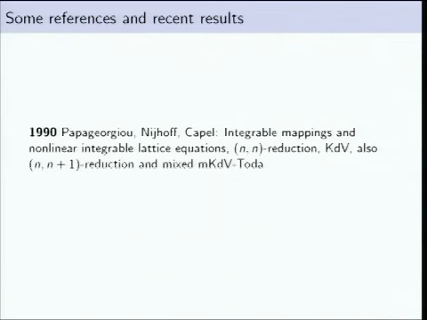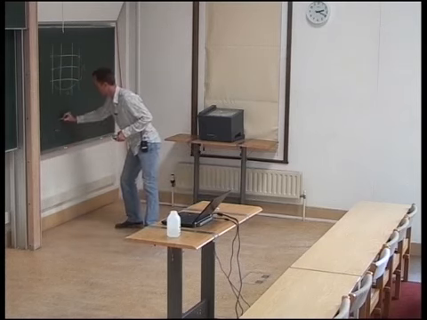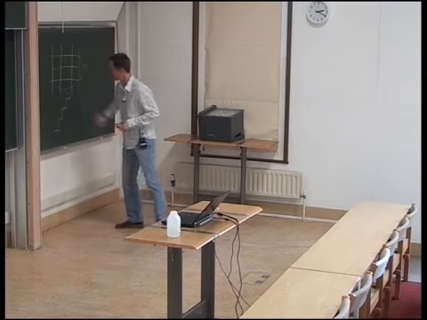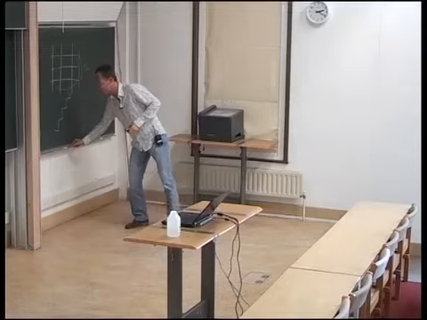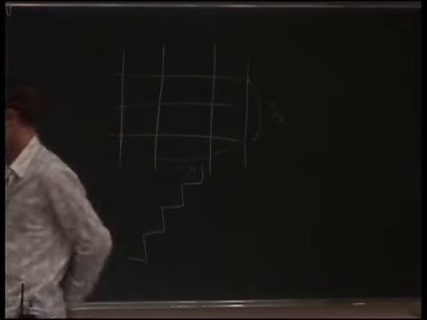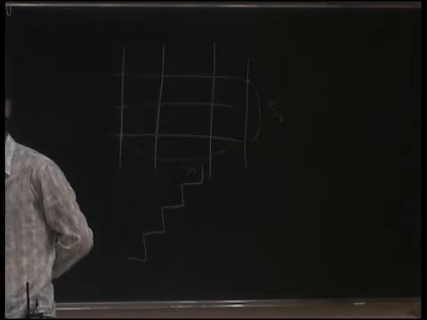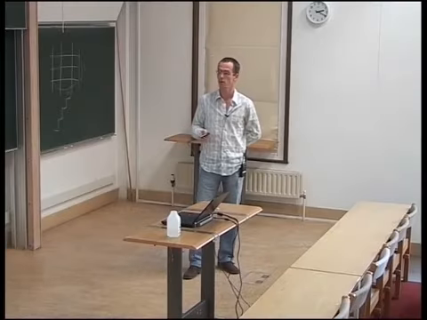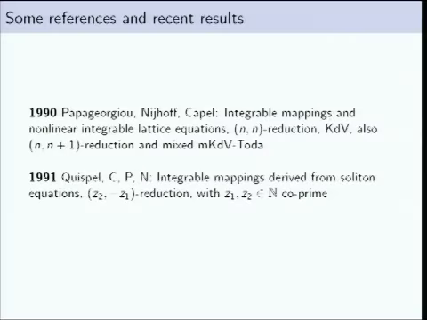This corresponds to a staircase, the NN reduction, which corresponds to a staircase like this, and the other one is one step more at the end. Then other reductions were introduced in this paper here. There they take periodicity with a huge class of different periods, but the Z1 and Z2 are taken co-prime.